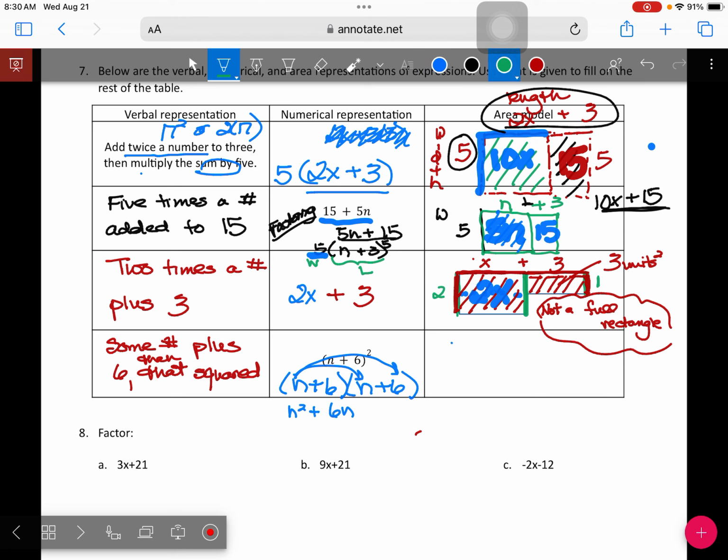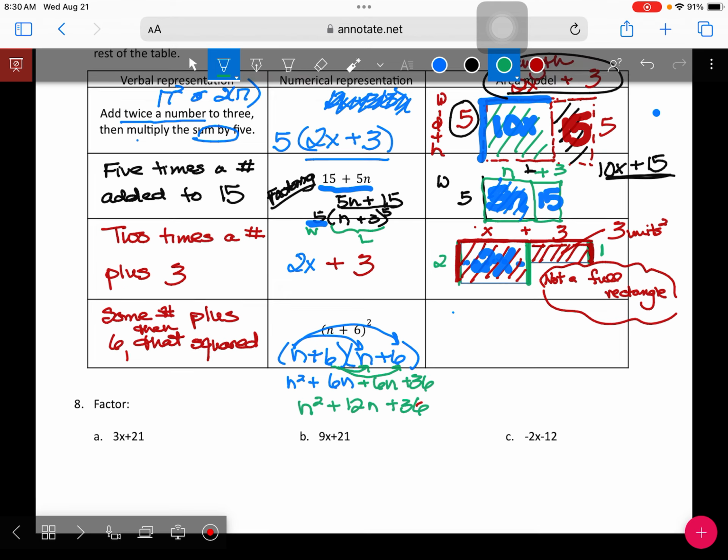And then you start from the second term of the first binomial and multiply that by each term in the second. So plus 6n plus 36, which gives you n squared plus 12n plus 36, which is what Caden said. Caden? Yeah. I have Caden, Zayden's, and I know it's something like that.